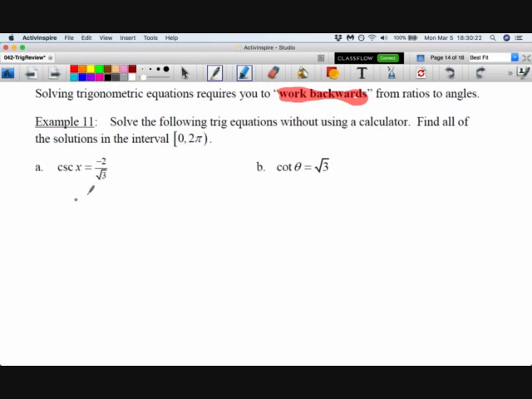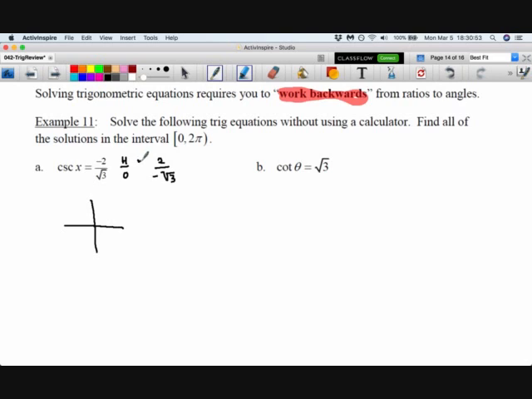Starting with -2/3, root 3. Cosecant is which two sides? Think about it. Cosecant is opposite and hypotenuse. Cosecant is 1/sine, so it's actually hypotenuse over opposite. Now the hypotenuse can never be negative, so it must have really been 2/-√3.